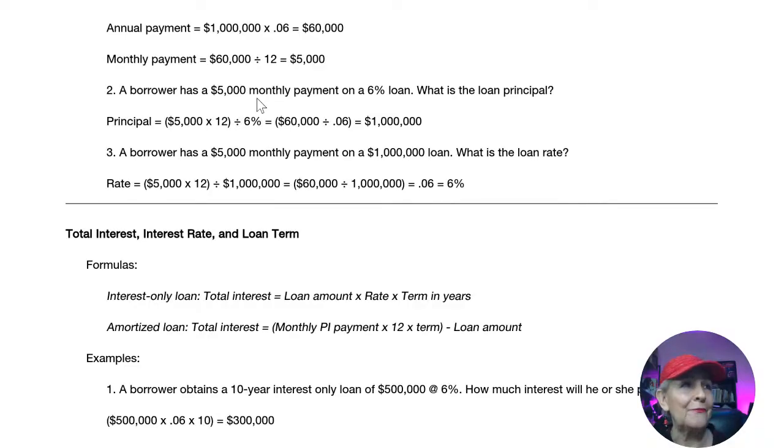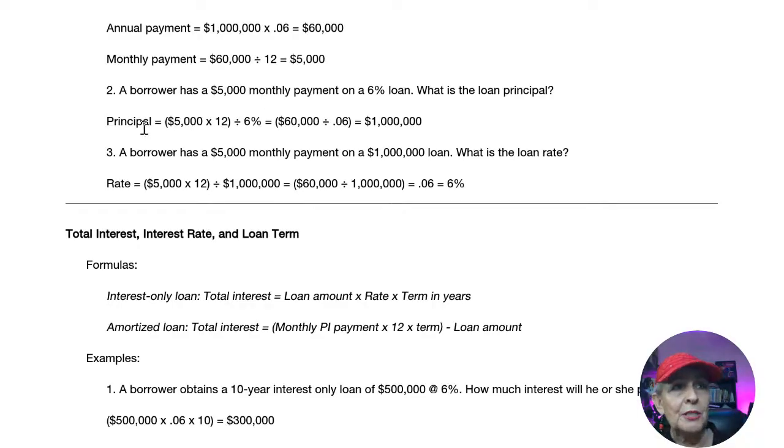Okay, so why are they multiplying by 12? Because the percentage rate is for the whole year. And they're giving us a 5,000 monthly payment. So we have a 6%, which is yearly, and we have monthly. So we have to make sure everything is yearly.